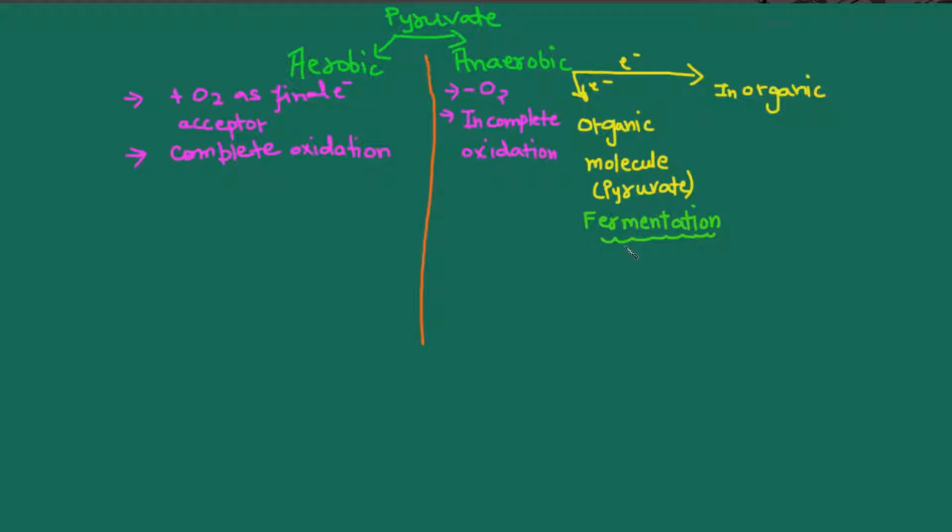Fermentation means when there is anaerobic respiration but the electron acceptor is organic. But simple anaerobic respiration is when there is absence of oxygen but the electron acceptor is inorganic, and in this we can get the example of Fe+3, or the example of NO3 minus.